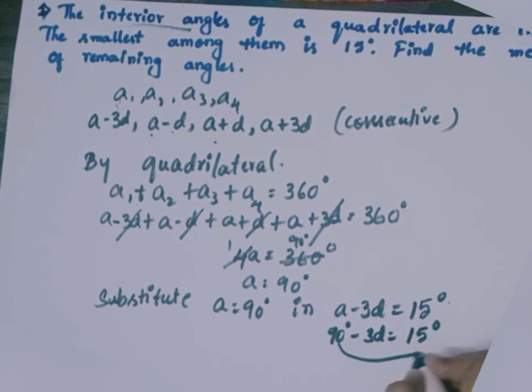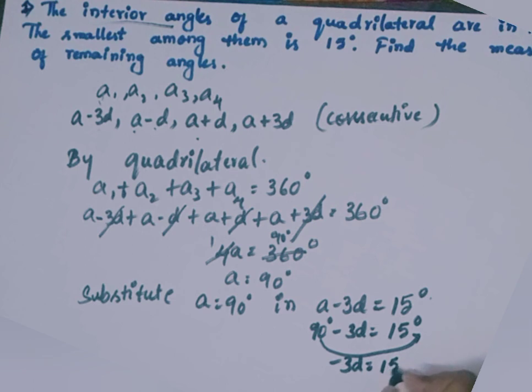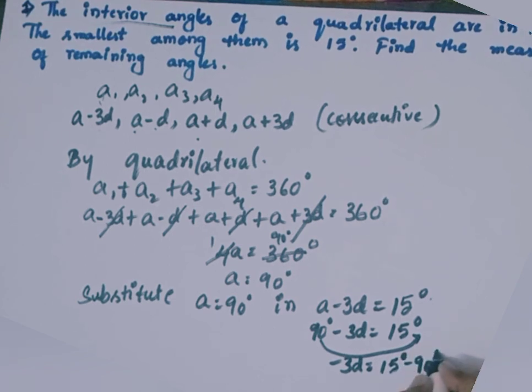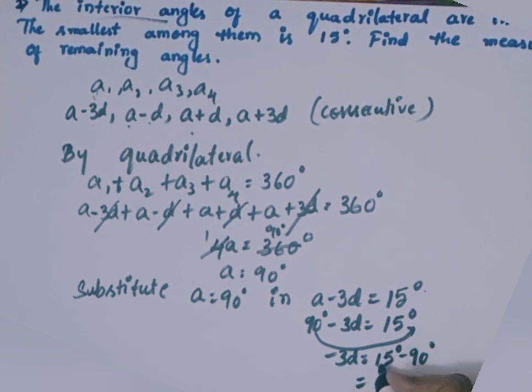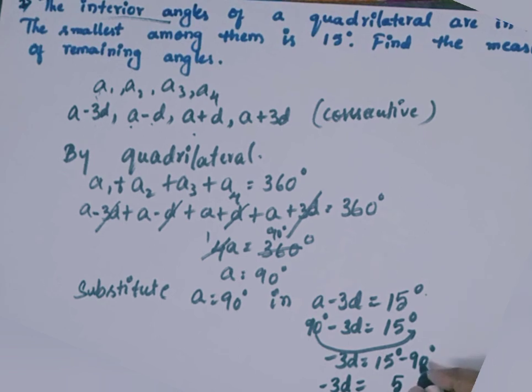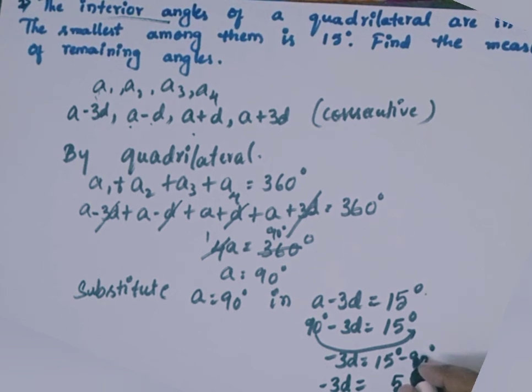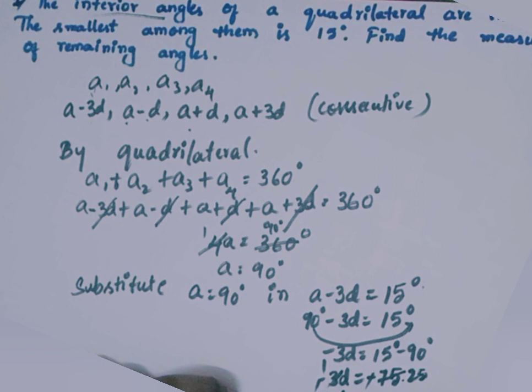Now I'll take 90 to the other side, so minus 3d is equal to 15 minus 90, which is minus 75. 3 twenty-fives are 75, the minus signs cancel, so we get d is equal to 25.